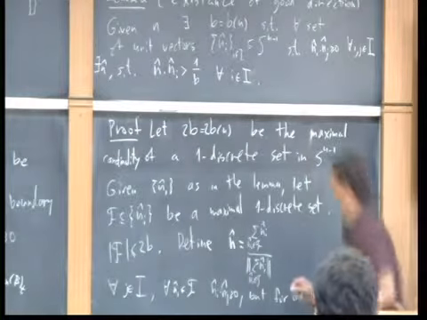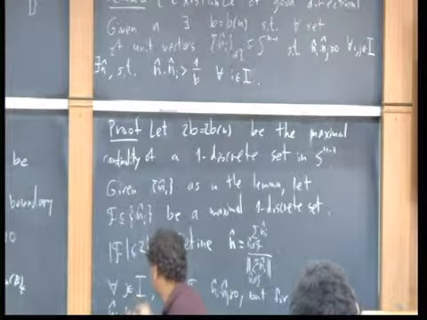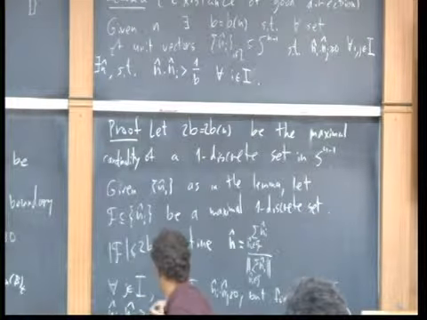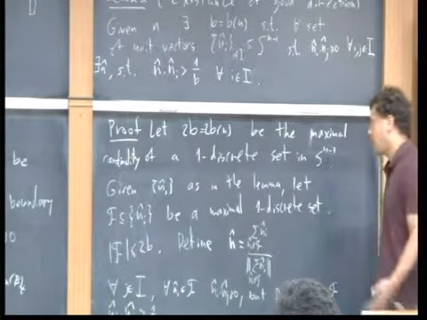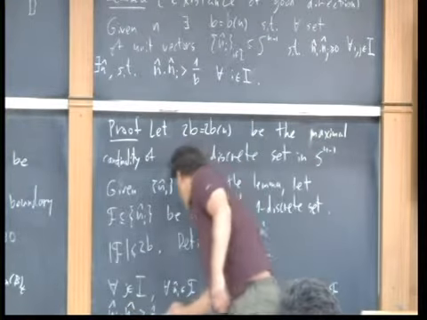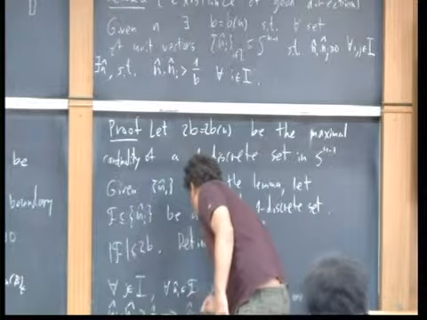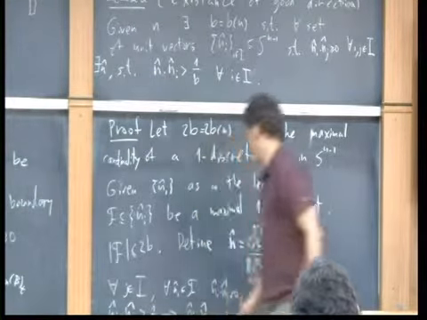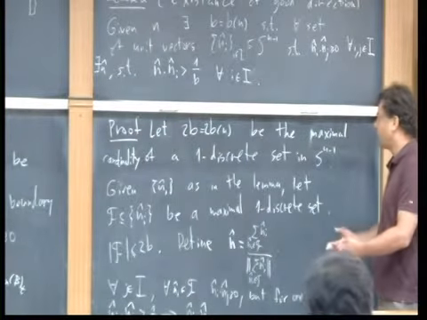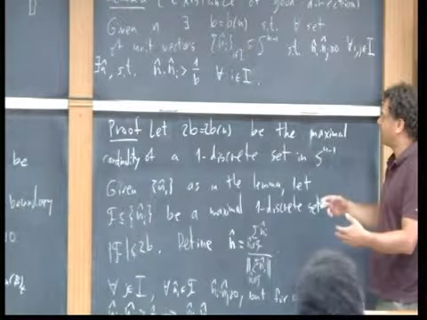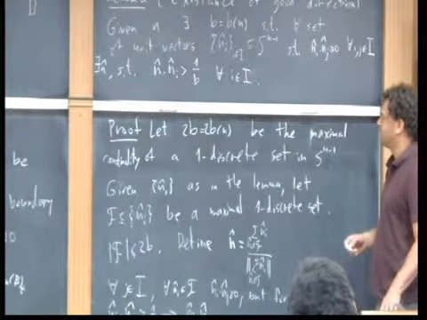We have that ni times nj is at least 1/2. And now if you compute, this implies that nj times n, which is the average of them, will be at least 1/2 divided by 2b.